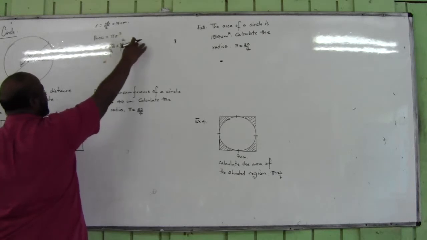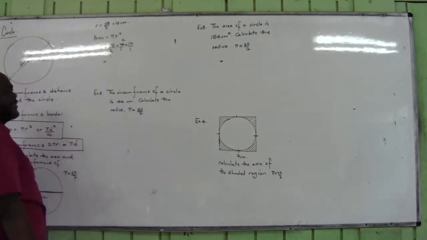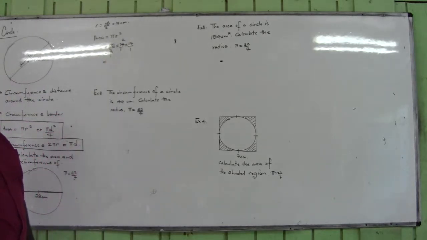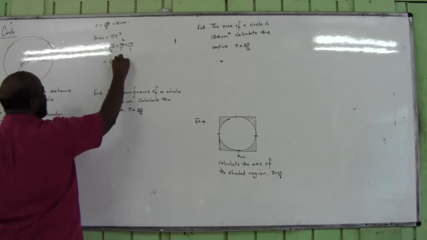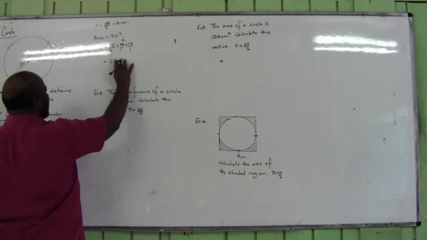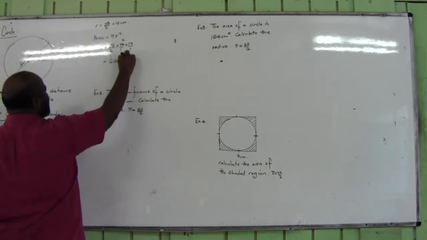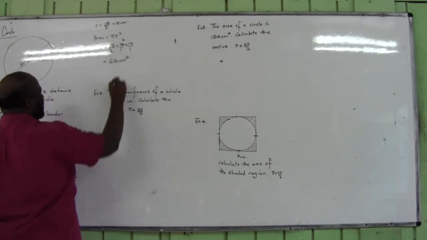What is 44 times 14? 616. The area is 616 centimeters squared.